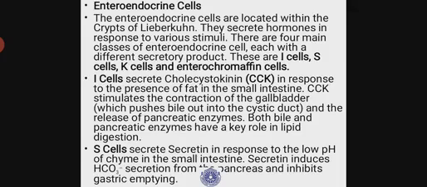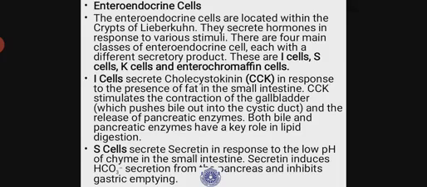S cells secrete secretin in response to the low pH of the chyme in the small intestine, and the secretin induces bicarbonate secretion from the pancreas and inhibits gastric emptying. So it has a kind of feedback role: the S cell secretes secretin in response to the lower pH of the chyme.